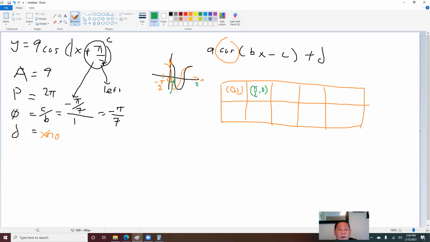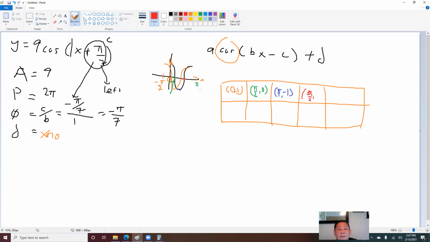Okay. And what is the third point here, the blue one? Pi, and negative 1. Okay. And then the next point is back up here, the red point. What is that going to be? Is it 3 pi over 2?